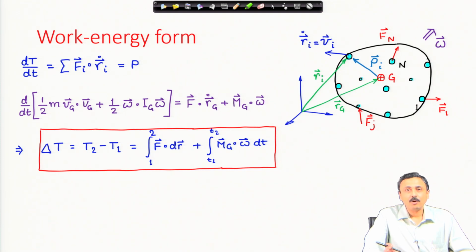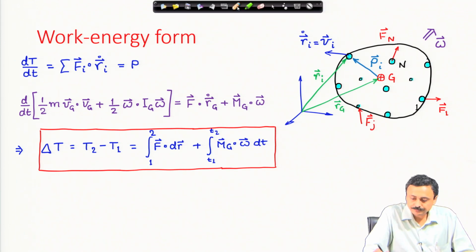But in general, for a general rigid body, I cannot write omega as a time derivative of a vector quantity. Omega is not the time derivative of a vector quantity. A general omega is not the time derivative of a vector quantity, but for planar rotation, when I write omega as theta dot k cap, for planar motion I write omega as theta dot k cap.